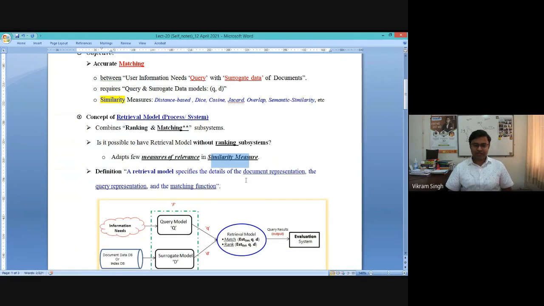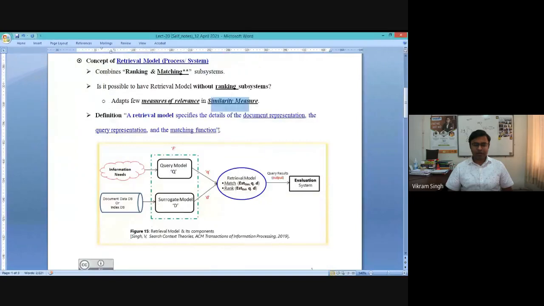By the definition, a retrieval model has three broad components, three main components, and most modern information retrieval systems have some set of changes or evolutions in one of these three parts, right? One part is the retrieval, within which are match and rank.